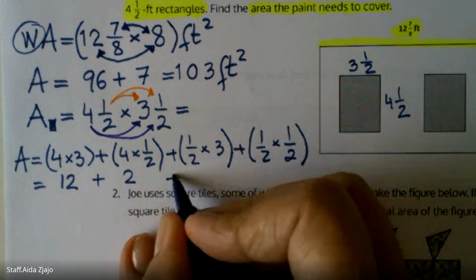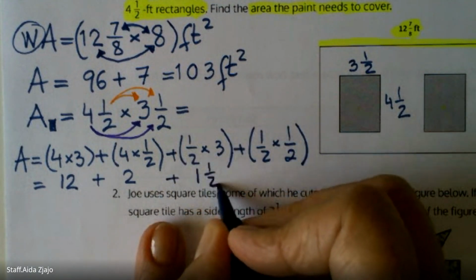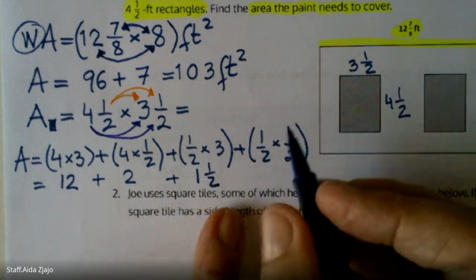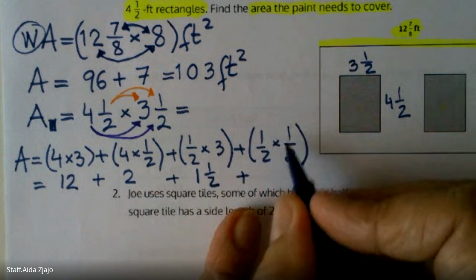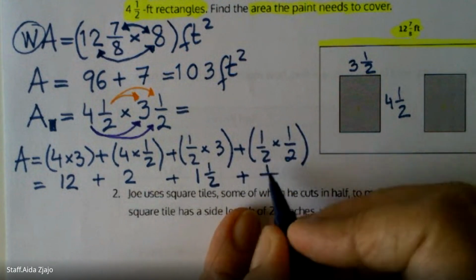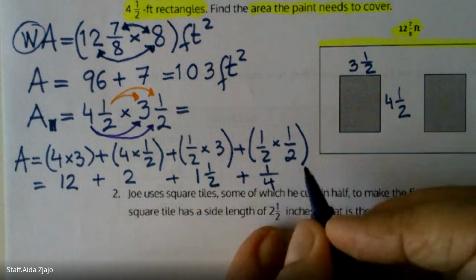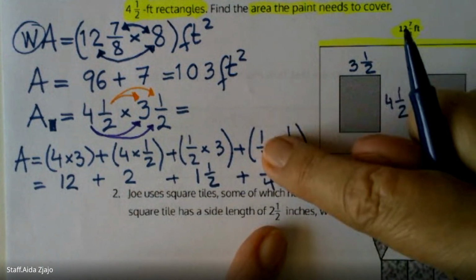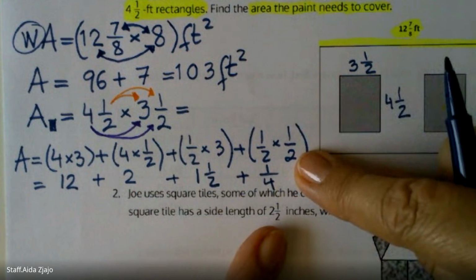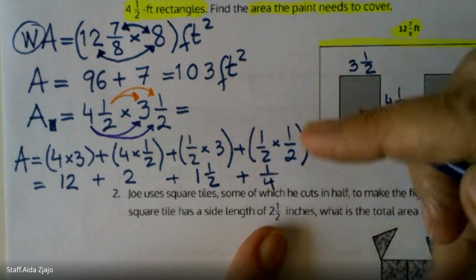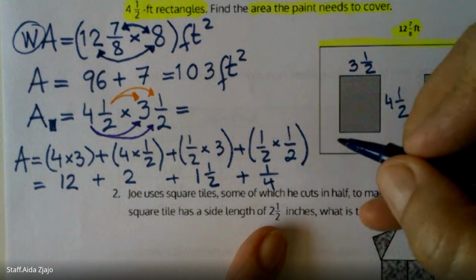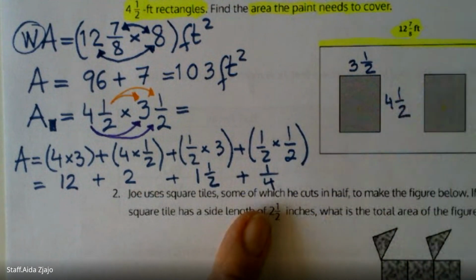Half of 3 is 1.5. The last one is numerator times numerator, denominator times denominator, so 1/4. Or what is 1/2 of 1/2? If you have a half and cut that in half, you get 1/4.